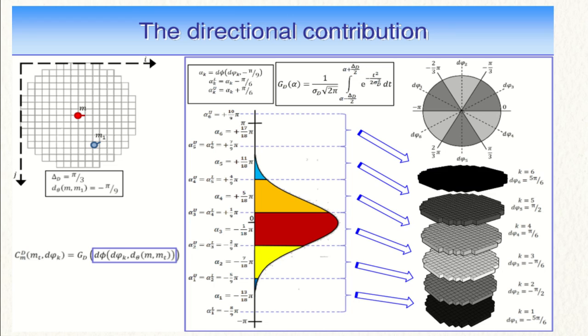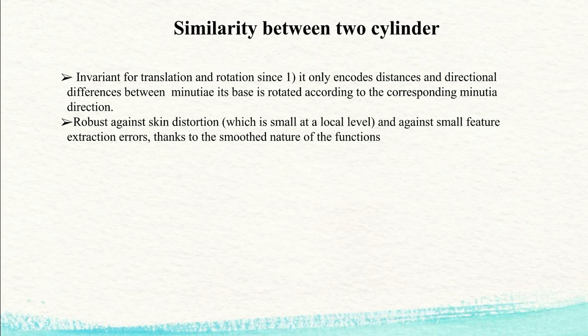Now moving to the next slide. So we have calculated the cylindrical value. If we have calculated cylindrical values, we will calculate the layer value, and if we have calculated layer values, now we have the values of the whole cylinder. Suppose we have values of two cylinders, we need to know how similar they are.